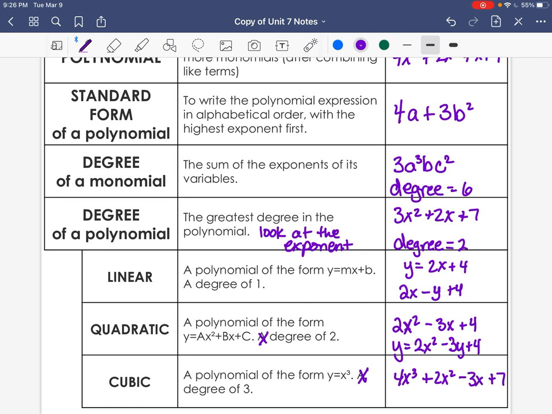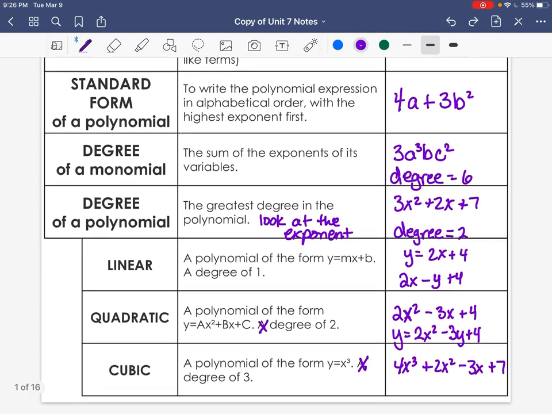Or you could have the same thing but with a y in front of it. So all of those are saying the same thing, but because 3 right here is the largest exponent, that makes it a cubic polynomial.